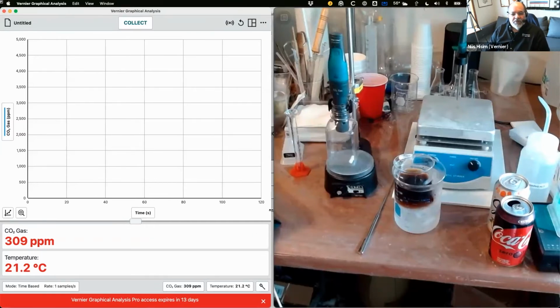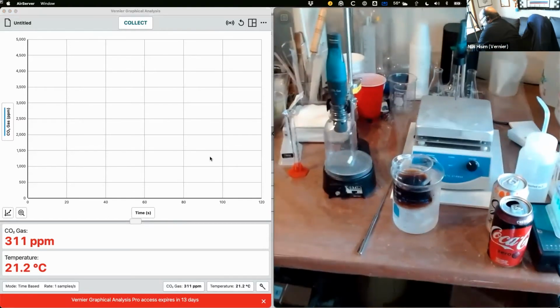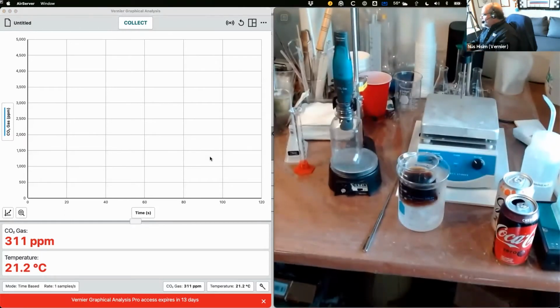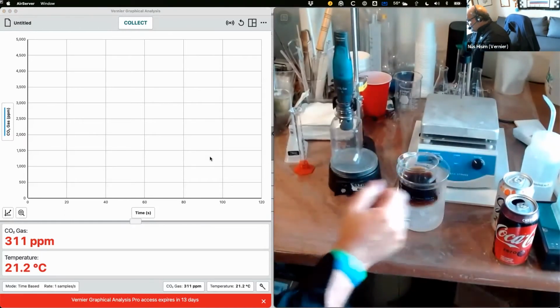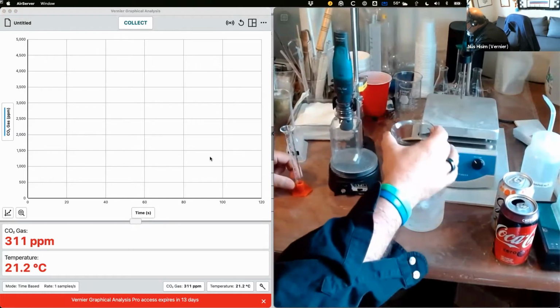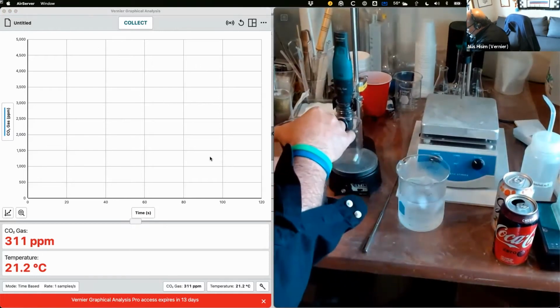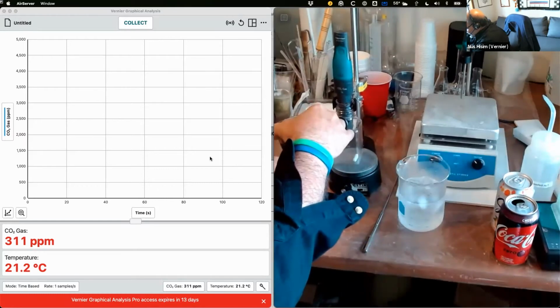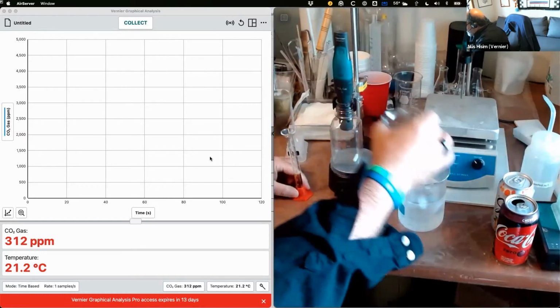Okay, so I'm going to set up the first one. I'm going to get my iPad out of the way. What it says to do is take 5 milliliters of solution and put that into the Nalgene bottle that comes with the sensor.